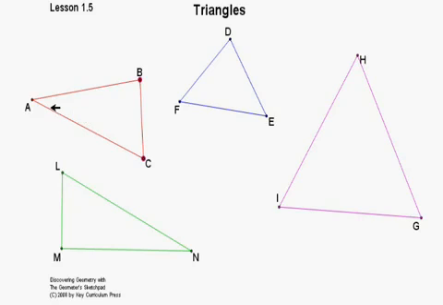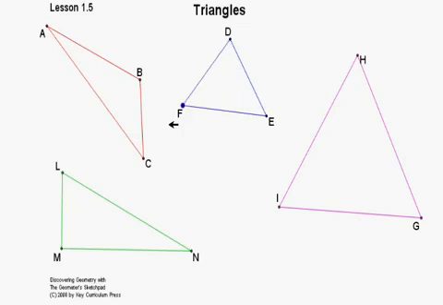An obtuse triangle is one that has one obtuse angle, one angle that is more than 90 degrees. If you look at angle B, and your other two are acute, then you have an obtuse triangle. You can play back this video as many times as you need to, but think about what's happening to these two different triangles. How are they different, and how are they the same, in terms of what happens when I move the vertices around?